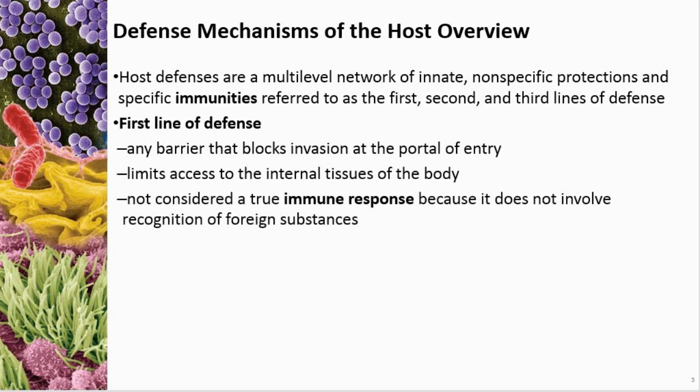A lot of times, for example, some sort of microbe can live on your skin and not cause any problem whatsoever. But if that same microbe is able to colonize under the skin somehow, then you have an issue. So this is not considered to be an immune response because it's like a wall. It just keeps everything out.